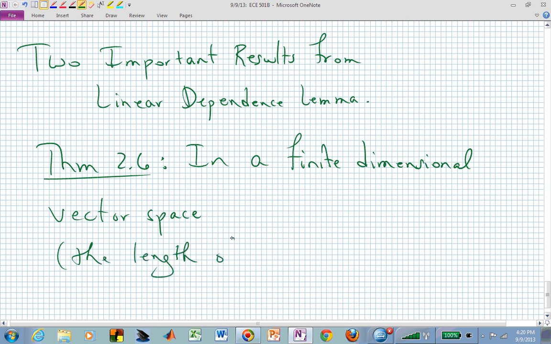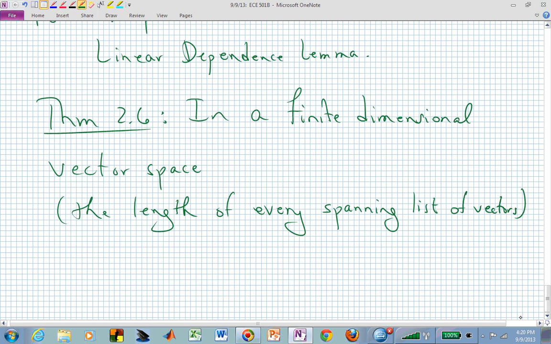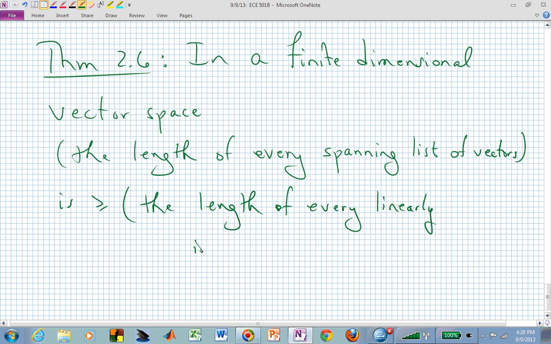The length of every spanning list of vectors is greater than or equal to the length of every linearly independent list of vectors from that set.